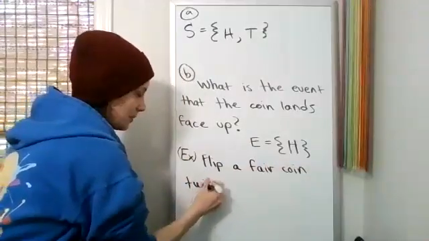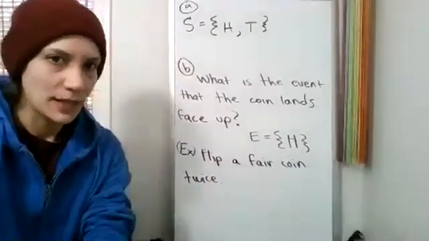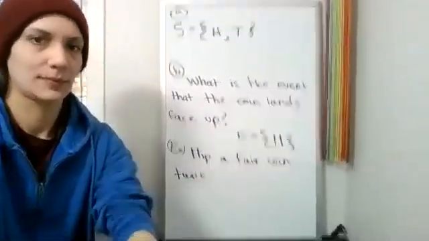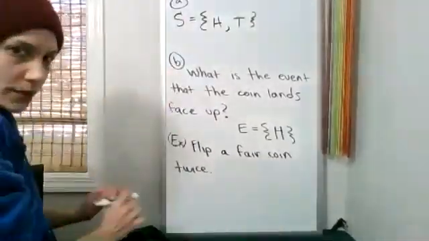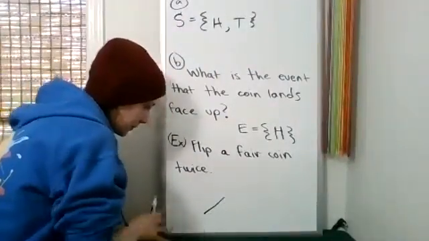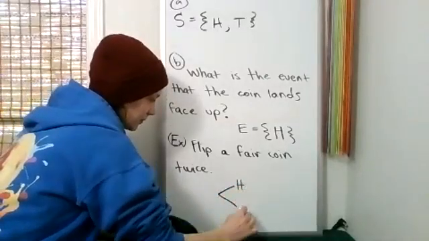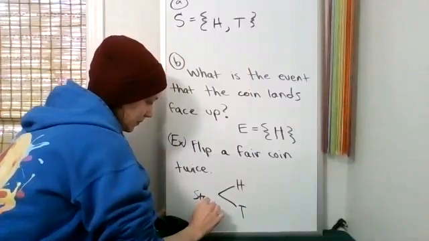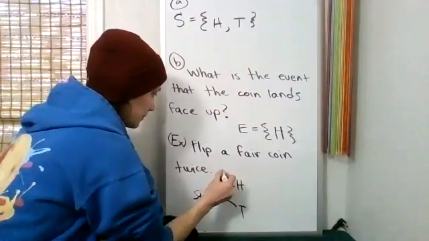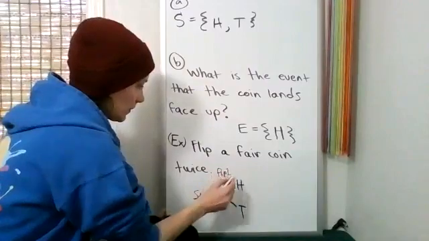Twice. So we'll draw a picture and then list the sample space. So first flip can be heads or tails. Okay.